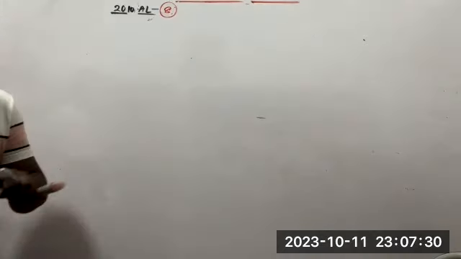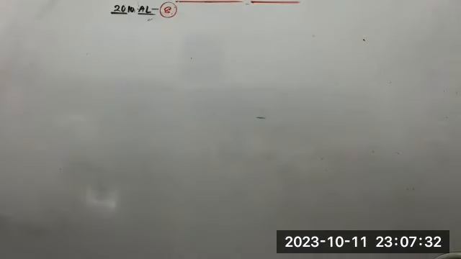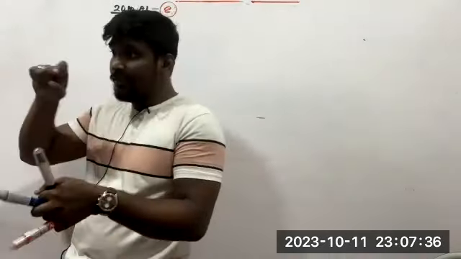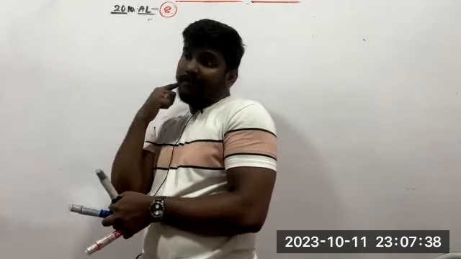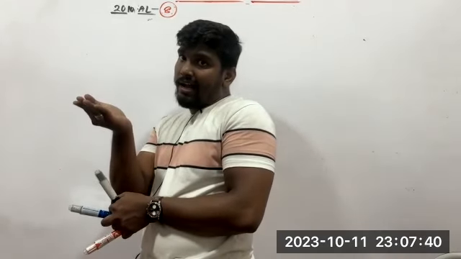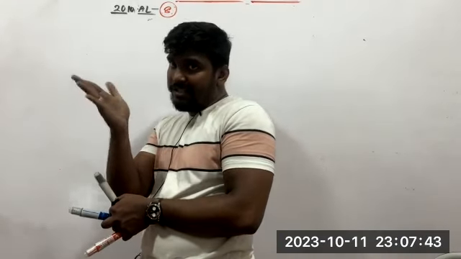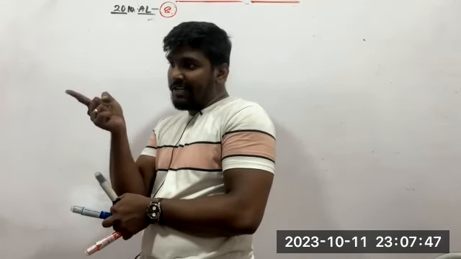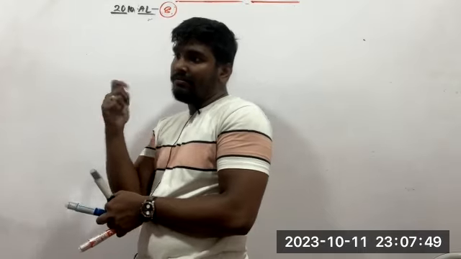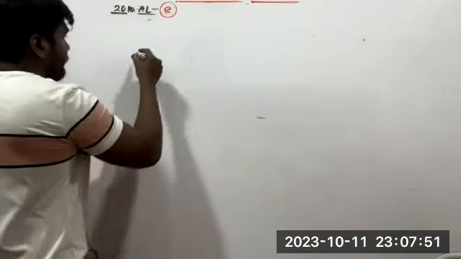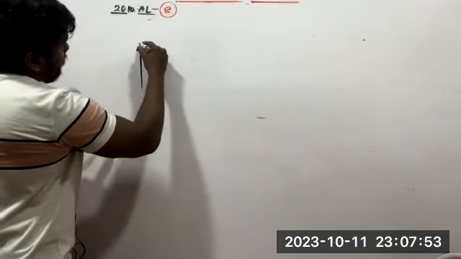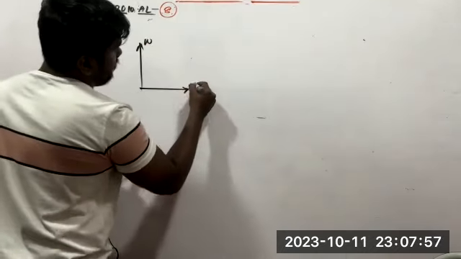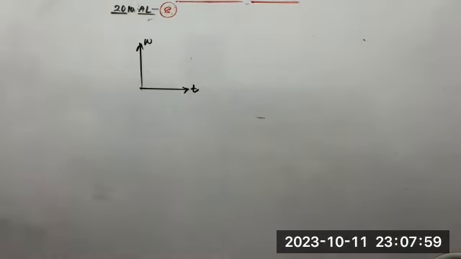Now they have given a graph that says the angular velocity of an object varies with time as shown in the figure, an angular velocity time graph. What is the equivalent graph in linear motion? Velocity time graph. We need the corresponding variation of angular displacement. They gave an omega-t graph. You know the corresponding theta-t graph.